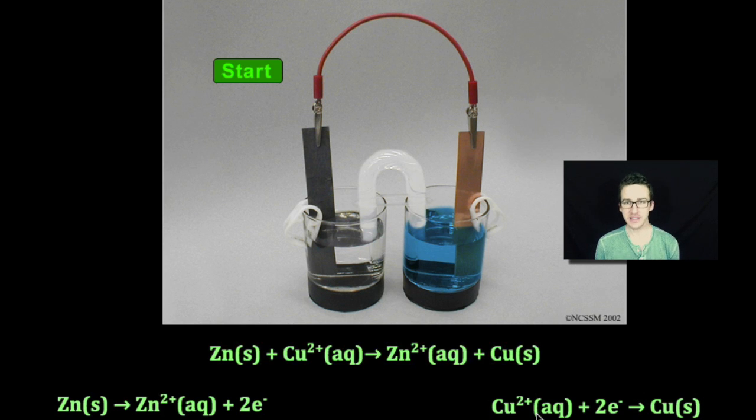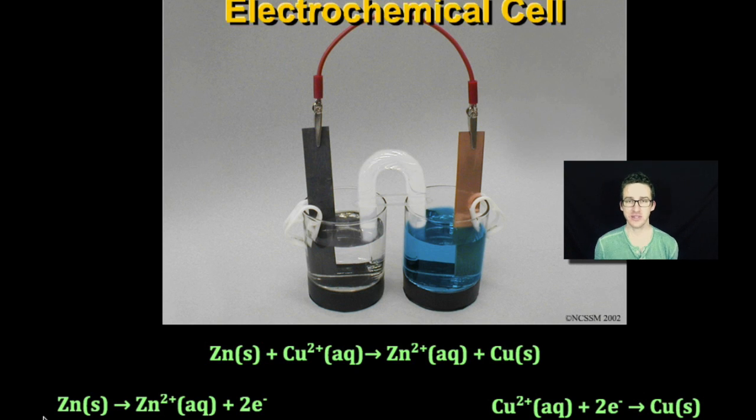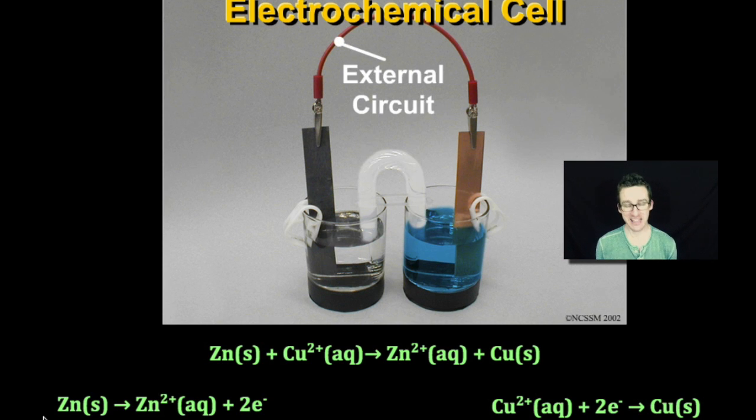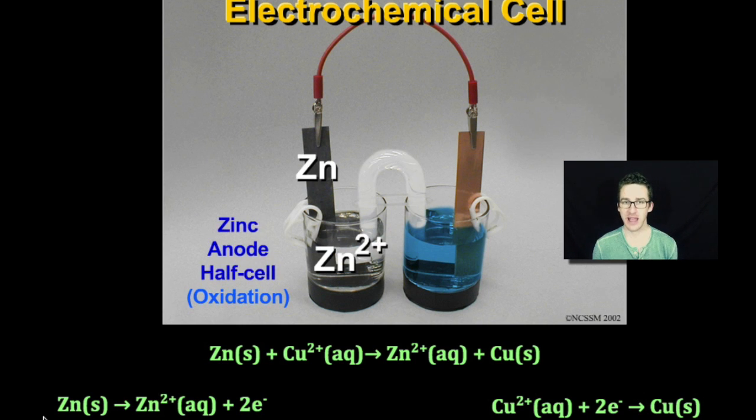However, there's no real way for us to harness the flow of electrons as they move from zinc to copper. So, what we need to do is separate those two half reactions, the oxidation half reaction and the reduction half reaction, into their own half cells. As you take a look at the video on your screen here, we have two half cells where we've separated the zinc and the copper from one another, but they're connected by an external wire. On the one side, we have our oxidation half cell, in this case, zinc.